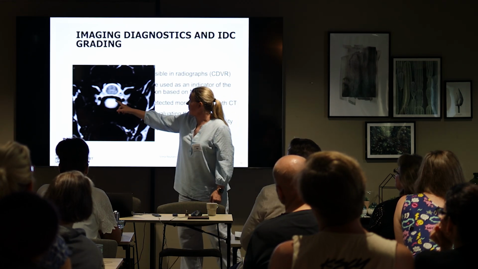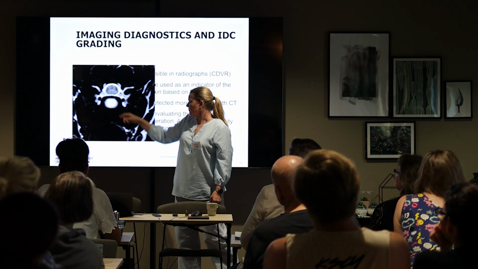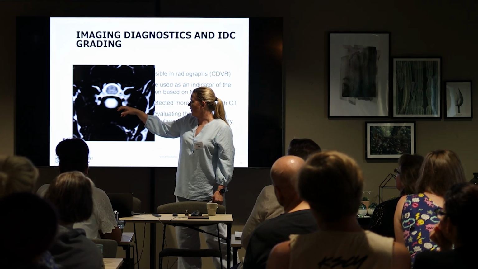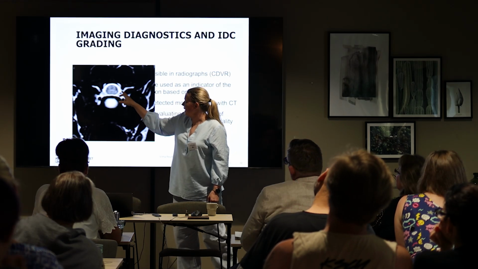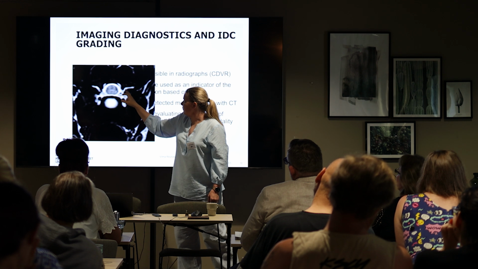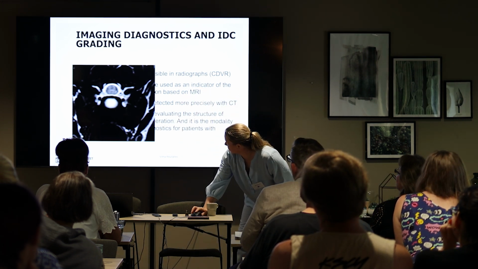Here is the normal intervertebral disc. In these images it's white because it's hydrated, and here is the spinal cord and the cerebrospinal fluid around it, and this is the transverse image.